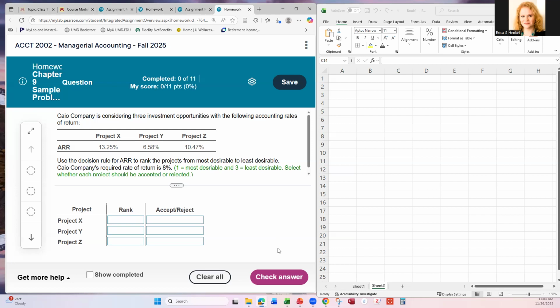All right, so in order, right? Obviously, higher rate of return is better. So therefore, our highest ranking one would be Project X. Our second would be Project Z. And then the lowest of these would be Project Y. And then can I see a show of hands raised, like who thinks that Project X is acceptable?